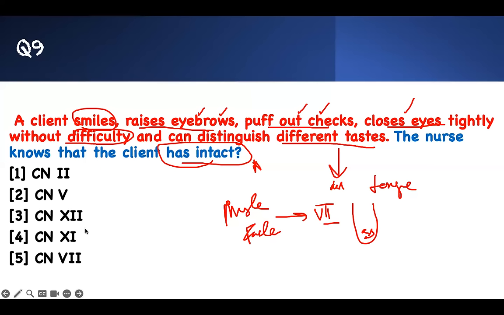The one we're testing for is the facial nerve, which is cranial nerve 7. It doesn't mean this is defective. Basically, we are looking at the answer choices. Which nerve does he say is intact? If I see all these things, I know your cranial nerve 7 is intact. That's what he's telling me. This does not relate to cranial nerve 2. Cranial nerve 5 doesn't do that. 12 doesn't do this. 11 doesn't do that. So those don't tell me anything about that.